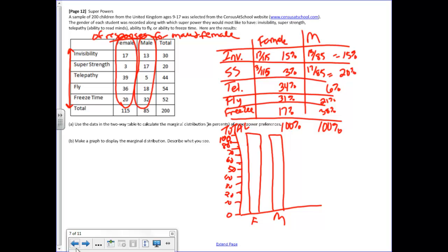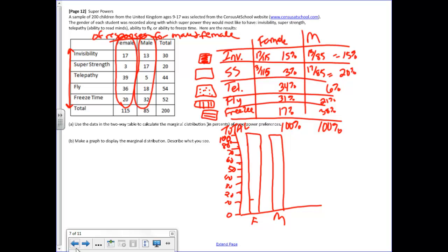Roughly. So invisibility, I'm just going to do this even up here. Invisibility. And freeze time. Does that make sense? And then we can take the percents and stack them all on top of each other.